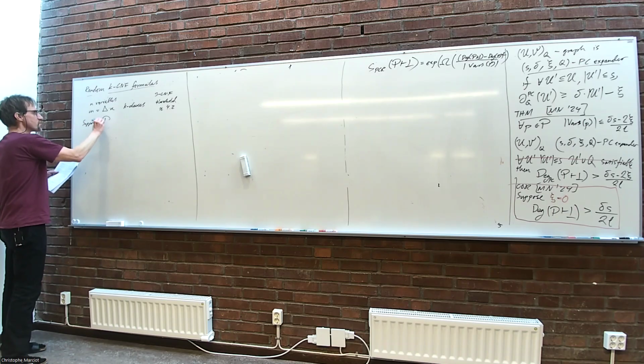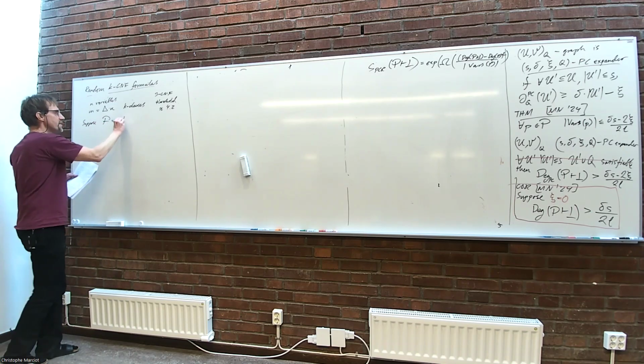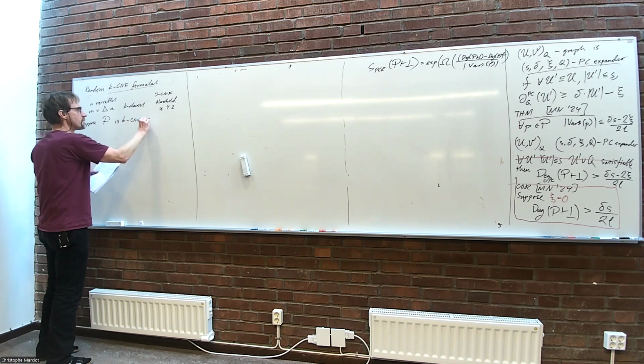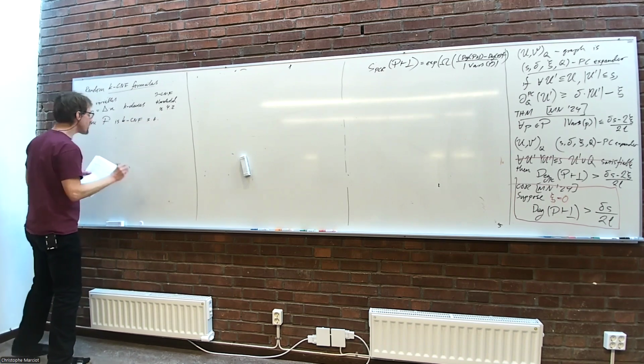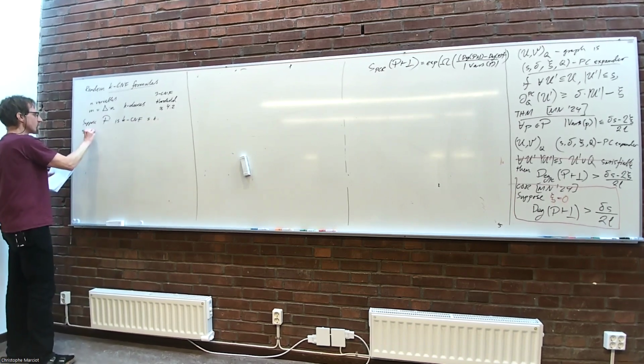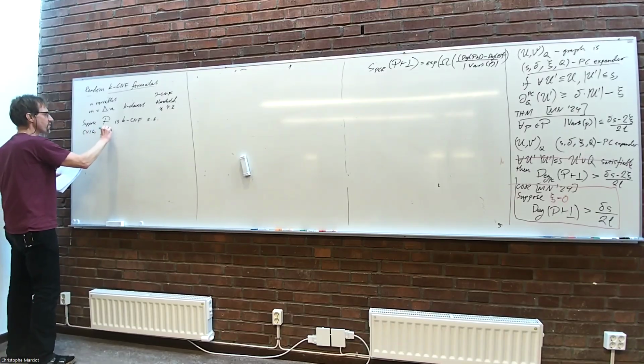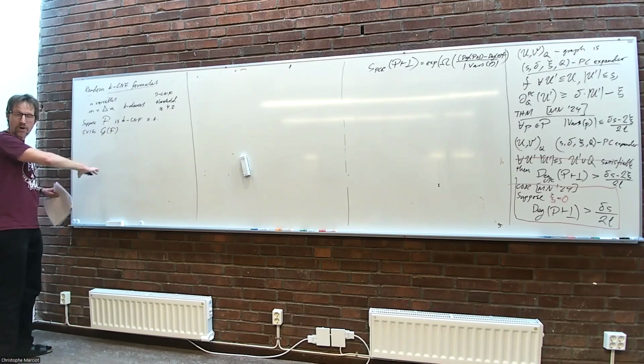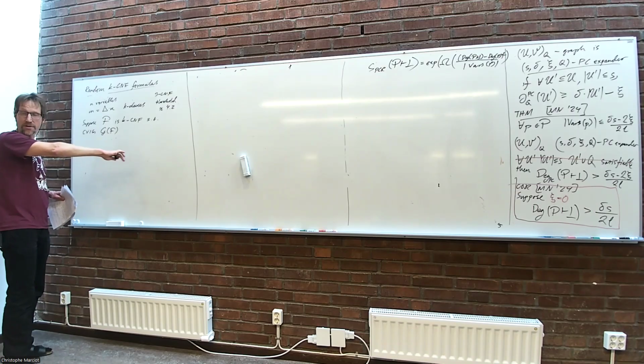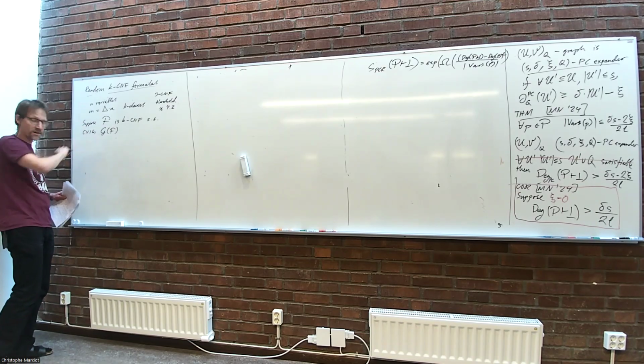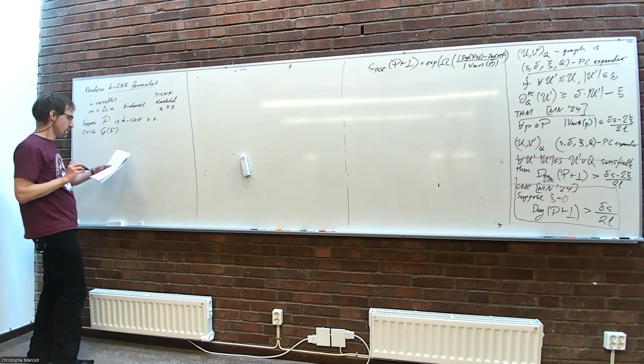They proved that, suppose that F is a k-CNF formula such that the standard clause variable incidence graph, G of F, with clauses on one side, variables on the other, and an edge if a variable appears in a clause. Remember, that's the clause variable incidence graph that we started with.